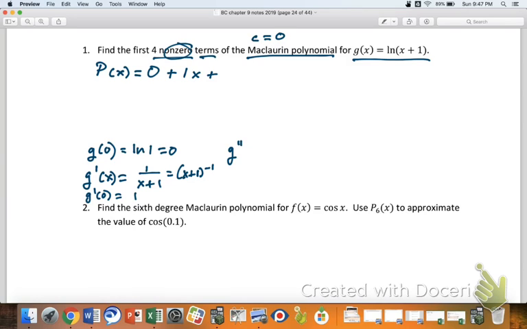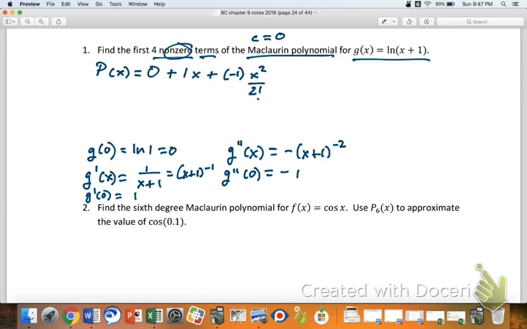I need to find g double prime for my next derivative. This will be negative quantity x plus 1 to the negative 2. That means g double prime of 0 is equal to negative 1, since 0 plus 1 is 1 and 1 to the negative 2 is 1. So that's going to be negative 1 times x squared over 2 factorial.